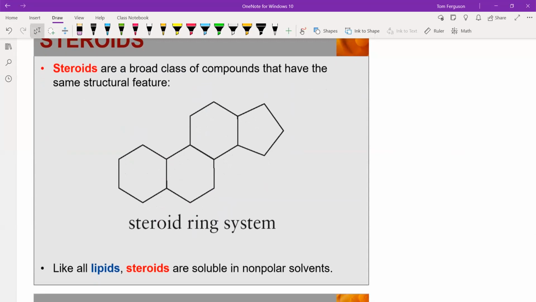Steroids have no esters in them. So they're not, one, saponifiable. They won't break up in acidic conditions because there are no esters. So you guys know these 3 dots, what it means? Means therefore.